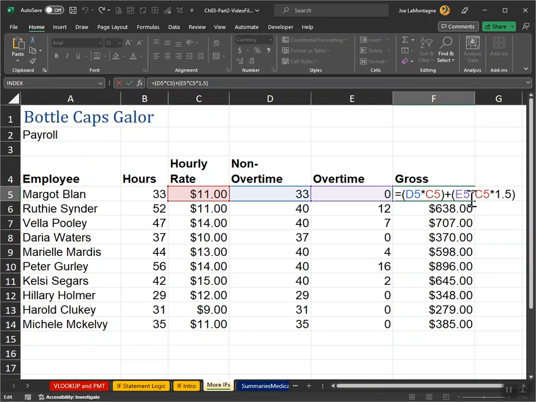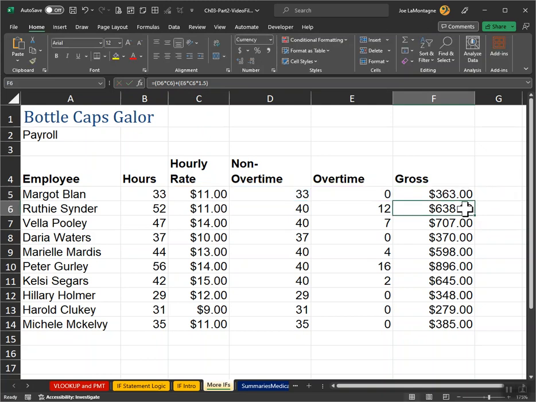It would do multiplication and multiplication, but I wanted to separate this. The first set of parentheses is calculating the non-overtime. The second set of parentheses is calculating the actual amount that's just the overtime. And that is using both if statements and a little bit of complex formulas to create overtime and non-overtime pay. So that is that.